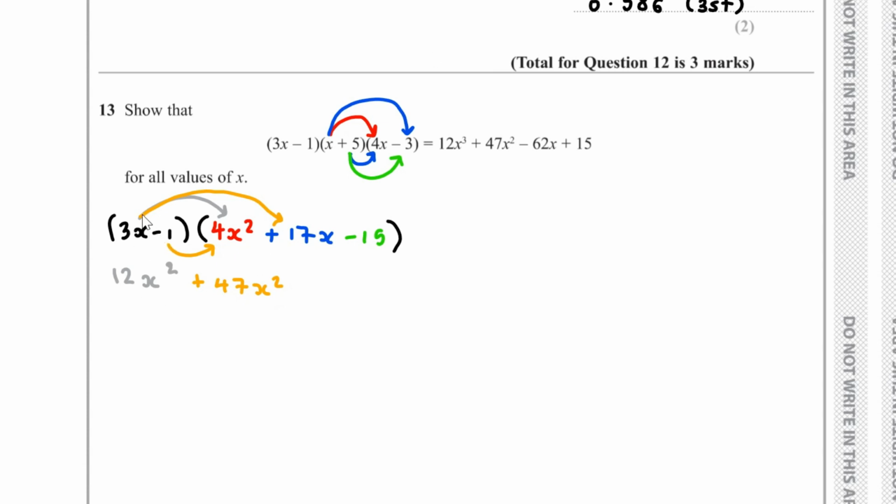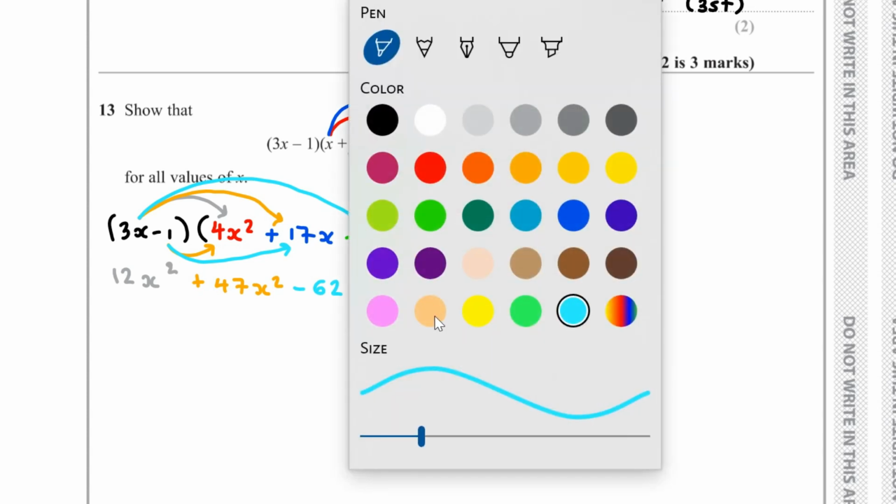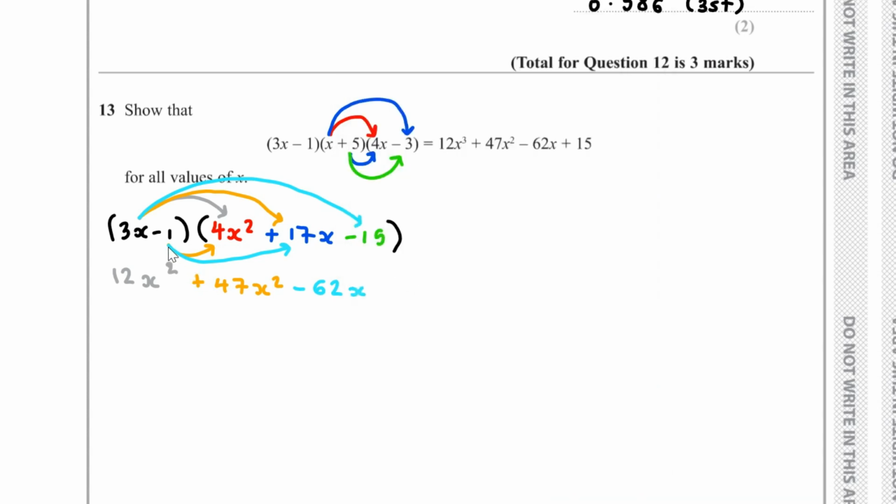And then we've got the 3x times minus 15, and then we've got minus 1 times 17x. So here we've got minus 45x minus another 17x, that's minus 62x, and now we have minus 1 times minus 15, which is plus 15. Hence, this expanded gives this result here.